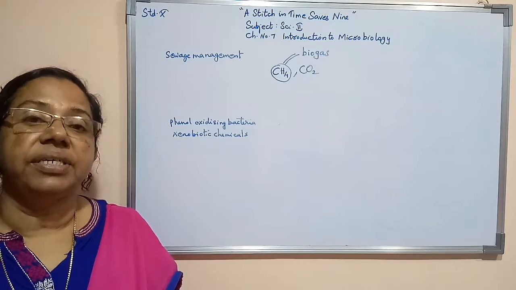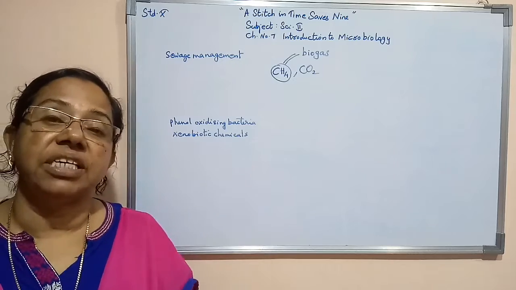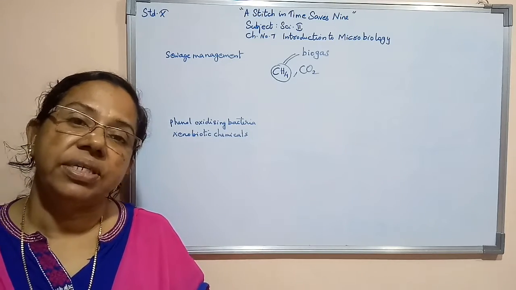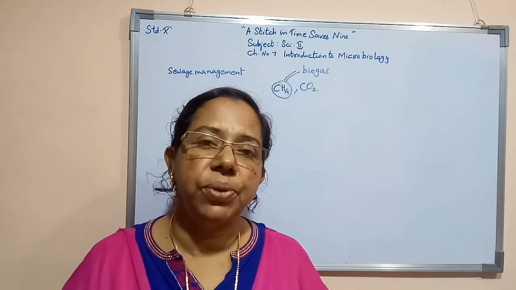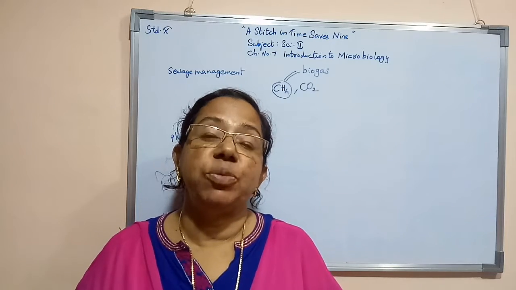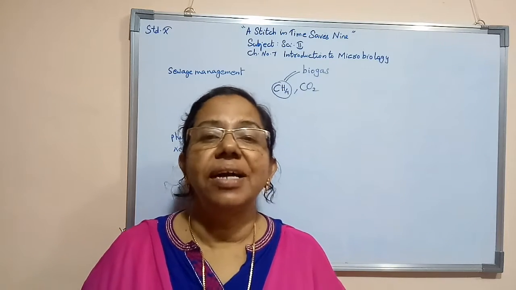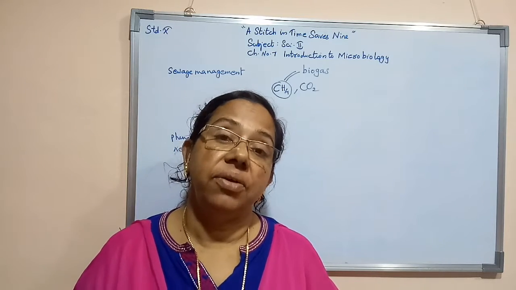As a result, decomposition of xenobiotic chemicals present in the sewage also takes place. In the sewage processing unit, there will be solid waste matter. That waste matter is known as sludge, that we can utilize as fertilizers.